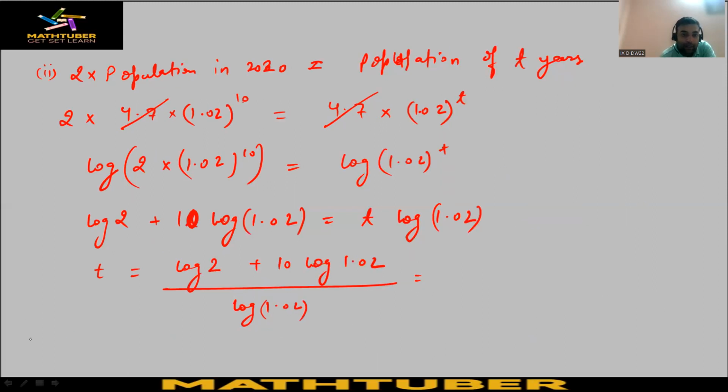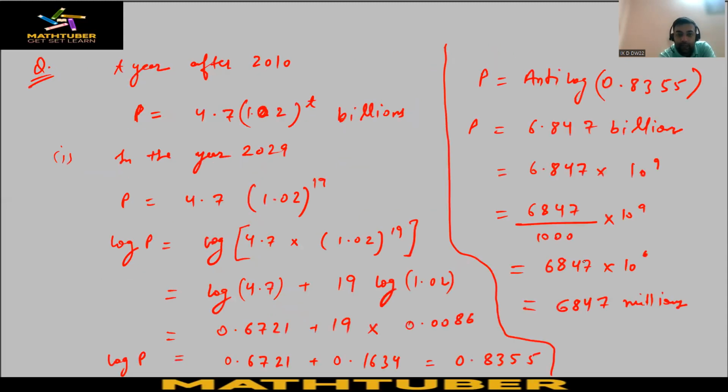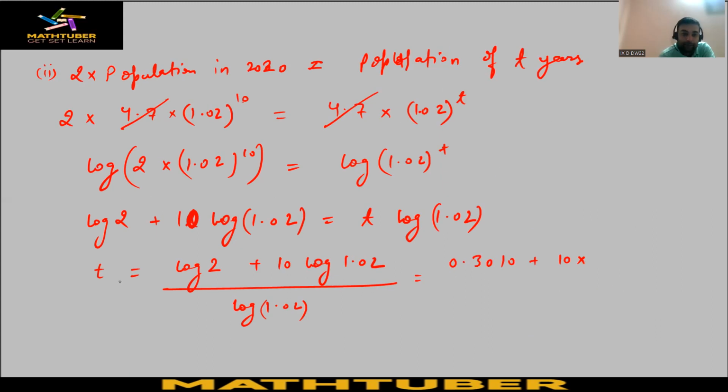So it will be written as 0.3010 plus 10 into log of 1.02. We have already found out the value, which was 0.0086.